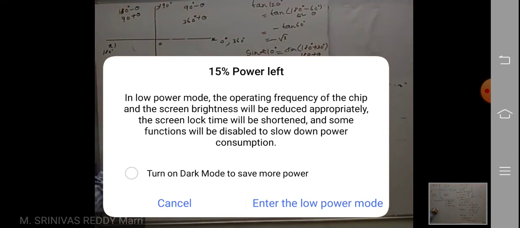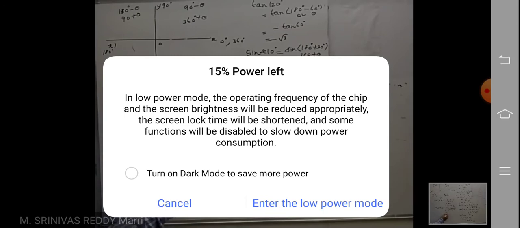Suppose cosecant of 420 degree. This is 360 plus 60, because 60 degree is a standard value. So this is 360 plus theta, cosecant theta, and then 360 plus theta means first quadrant, all are positive.